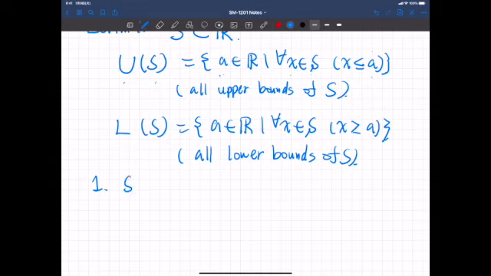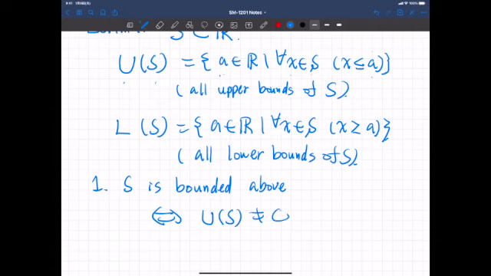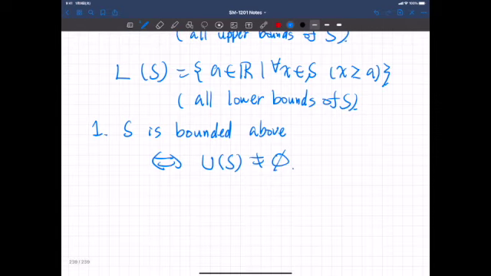S is bounded above if and only if this U of S is not empty. And I think this is trivial, but you should think about it.